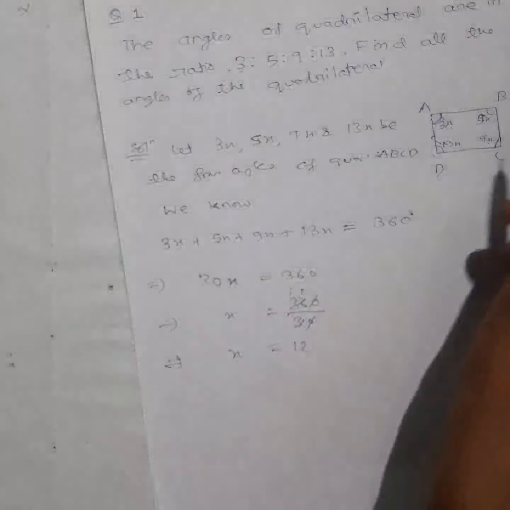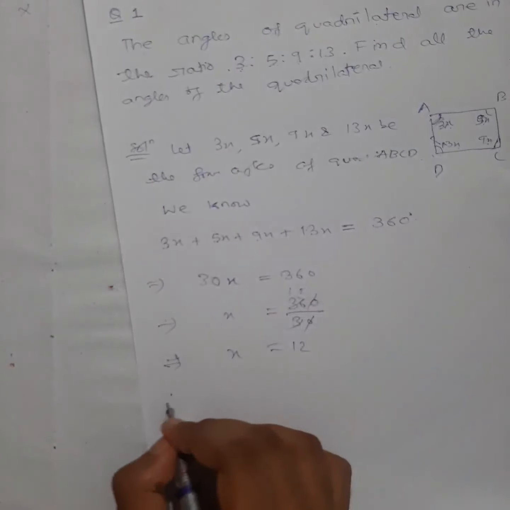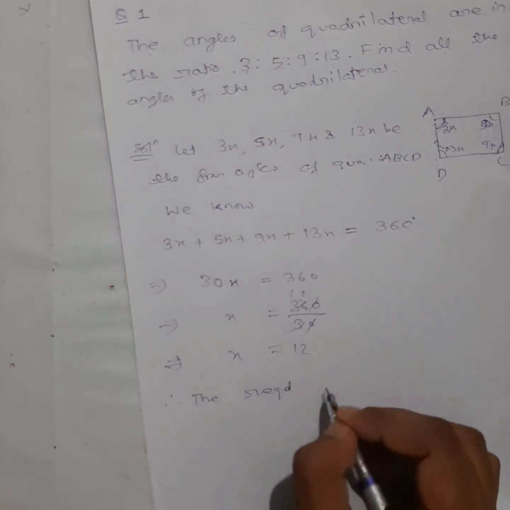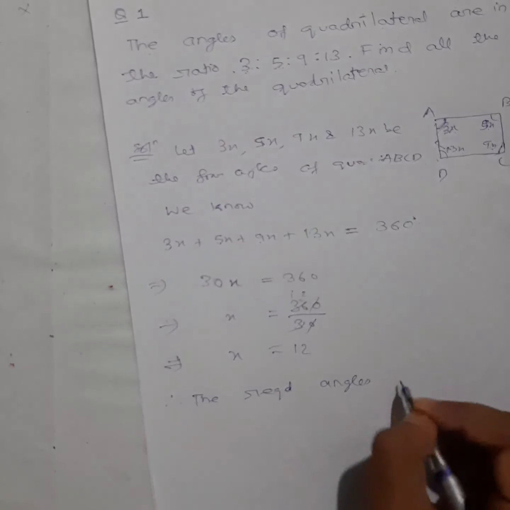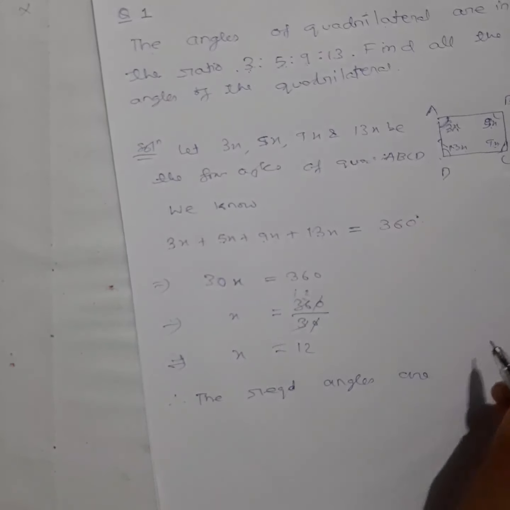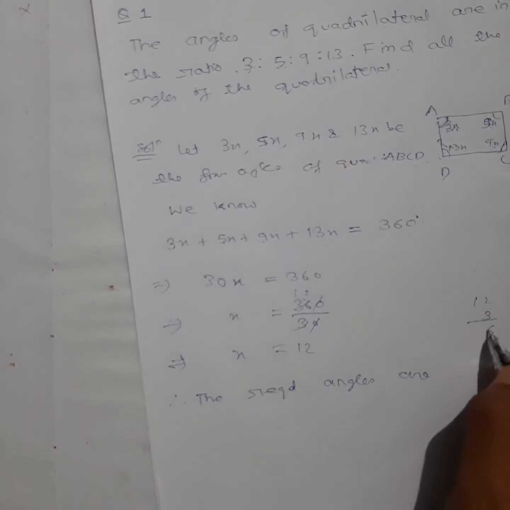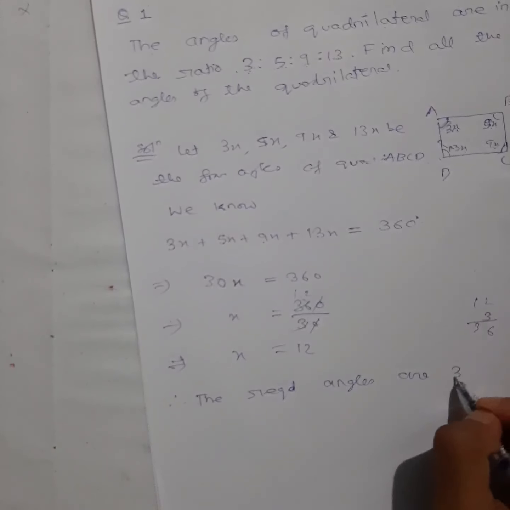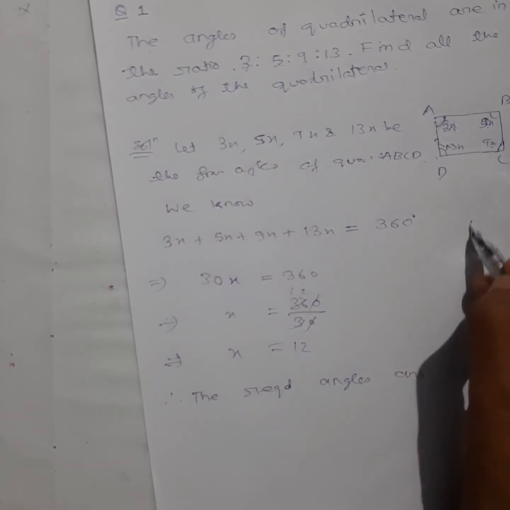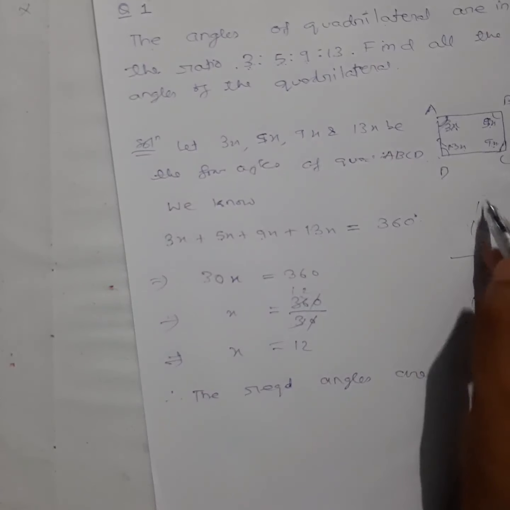Obviously we can now easily find the angles also. Therefore the required angles are: 3x, the first one, 3 into 12, which is 36. So the first angle will be 36. The second angle will be how much? 5 into 12, which is 60.